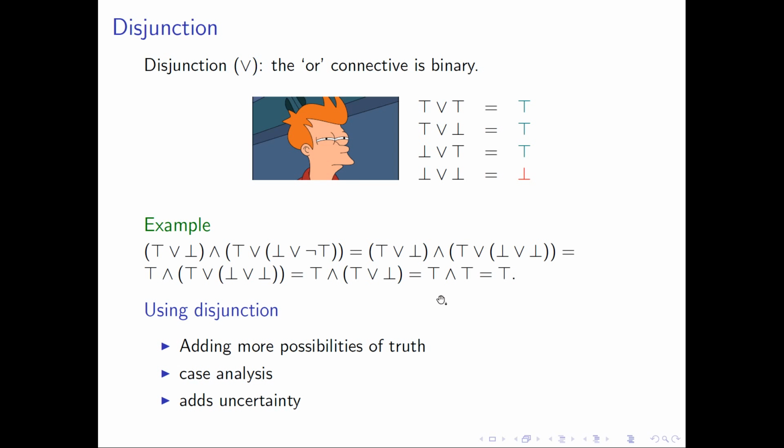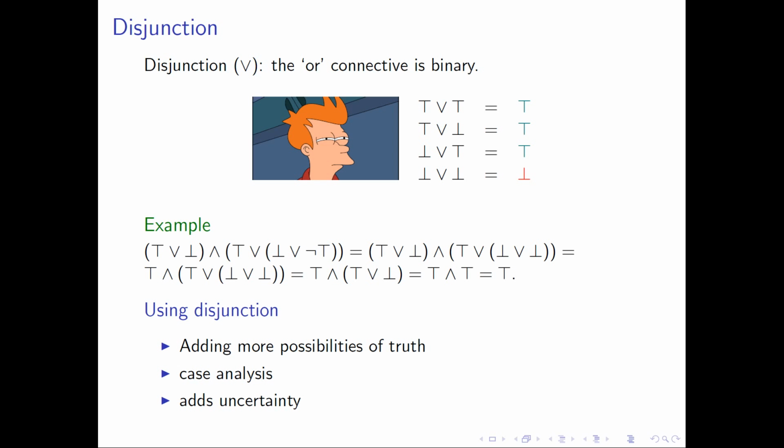Disjunction is used when we have something that we think might be true, but we want to be very generous and say it's true under many different conditions. So it's adding more possibilities of the truth. Like negation, disjunction can be used for case analysis.